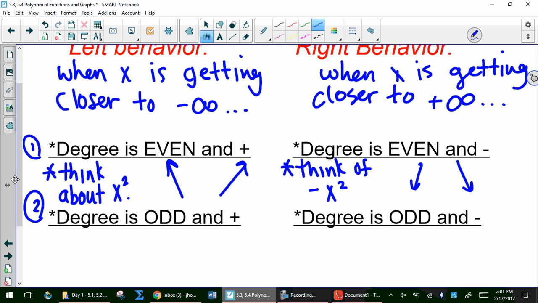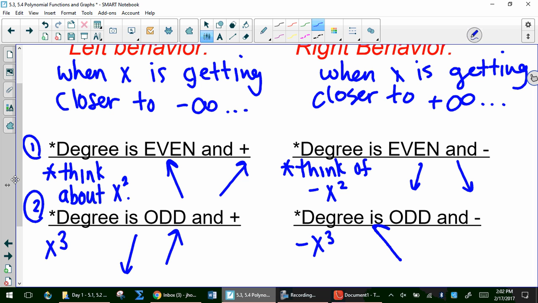If the degree is odd and positive, we need to think of which function. X to the third, right? Think of x to the third. And on the left of that graph, it was going where? Down, and on the right, it was going up. If the degree is odd and negative, we need to think of negative x to the third.